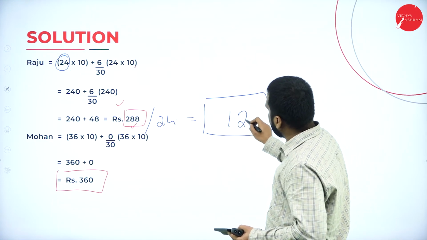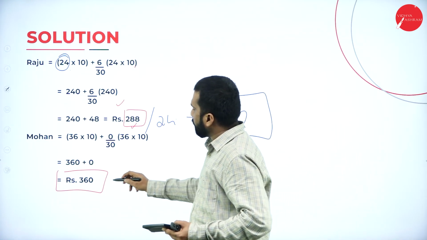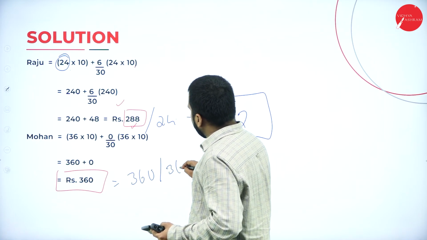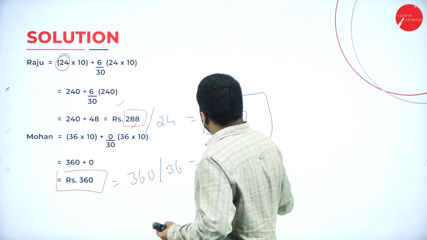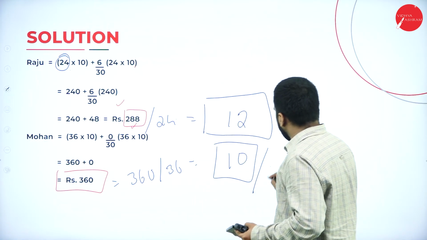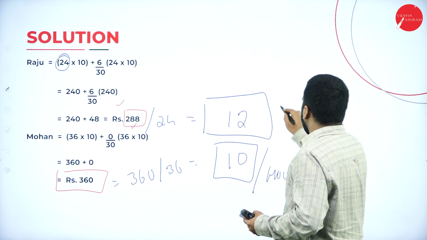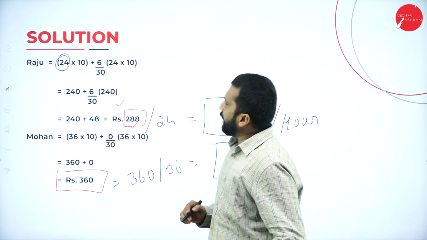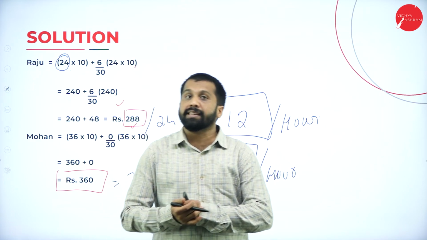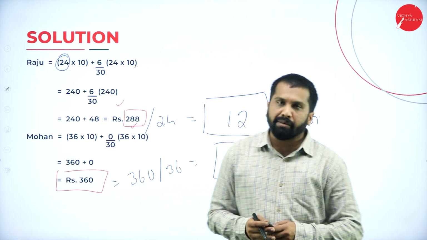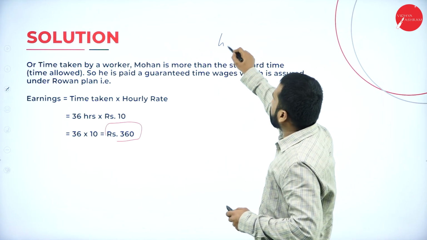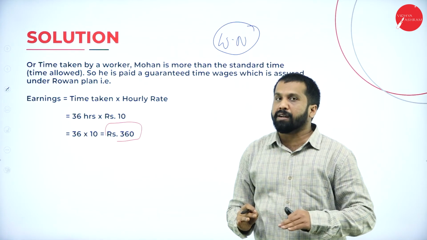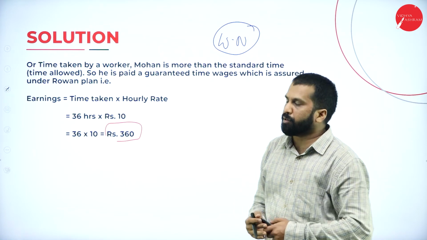Similarly, the last person, it is easy. 360 divided by 36. He will get 10 rupees per hour. These are the calculations we have done for wholesale as well as Row 1, and they have given a few workings. These are the working notes. Clear? Wherever I mentioned working note, that is not part of your answer, only for calculation purposes.